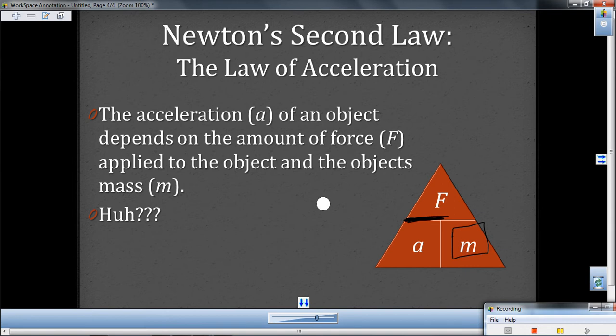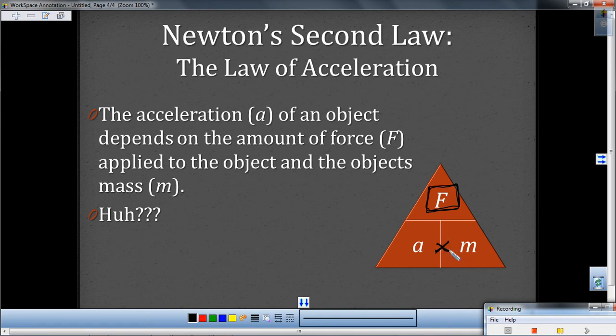And we'll do the last little formula here, because this triangle gives us three formulas. If we're looking for the force, we know how fast the object's accelerating and we know how much the mass is. In math, if you say A by m, you're multiplying.